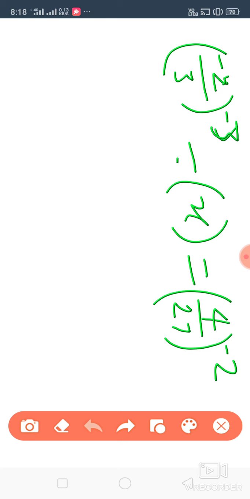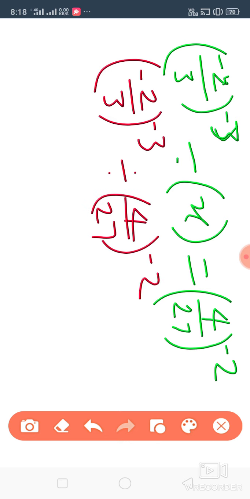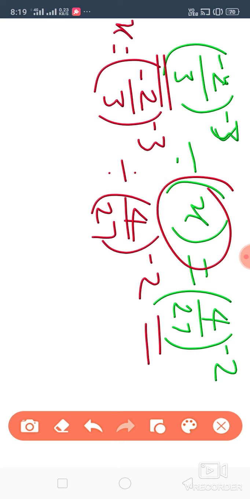Let's see what we have to do. (-2/3)^-3, now this number we have to divide by (4/27)^-2. So the value of x will be got like this, isn't it? This number divided by the result. So we'll get this x value. Now divide it. This much part you can do.